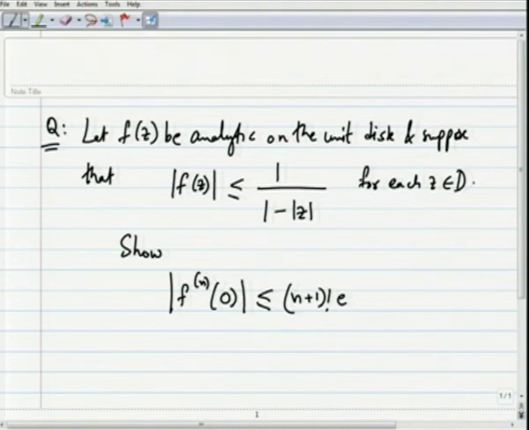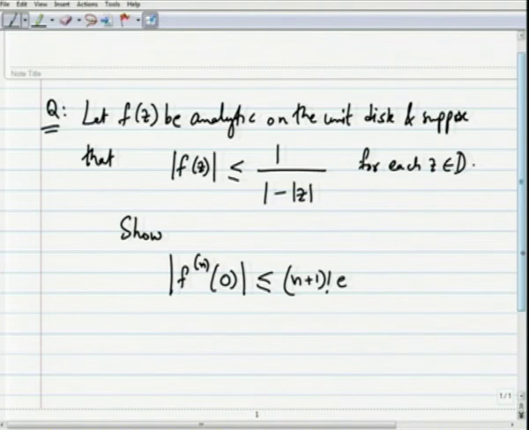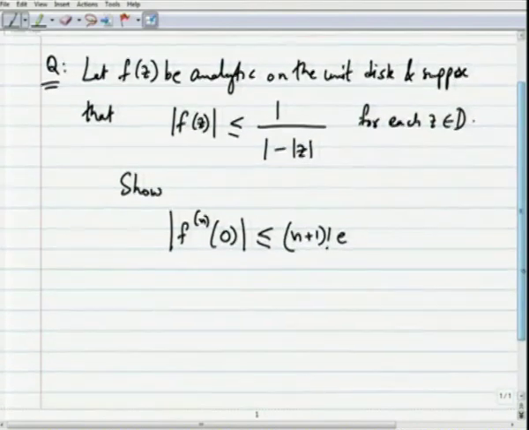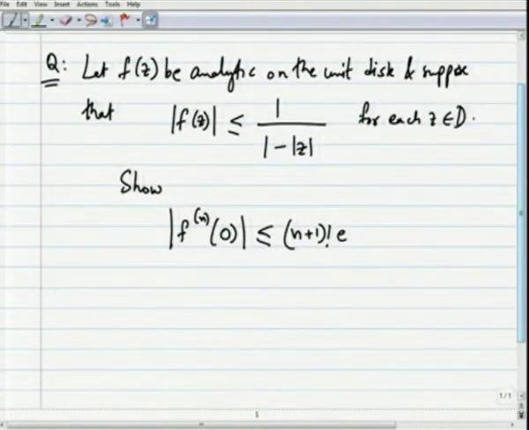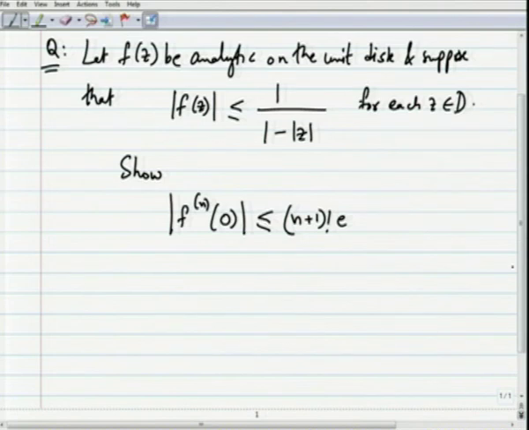The key here is to use an appropriate contour in the unit disk, so that we can bound the nth derivative. More precisely, we will choose a circle of appropriate radius, so that the nth derivative at 0 can be bounded by the values of the function f on that circle.